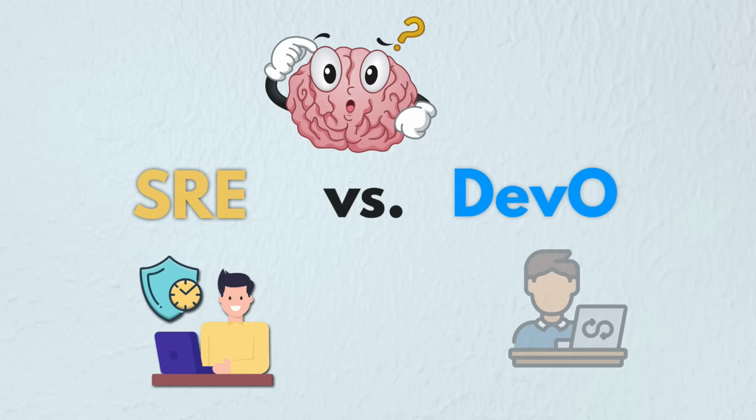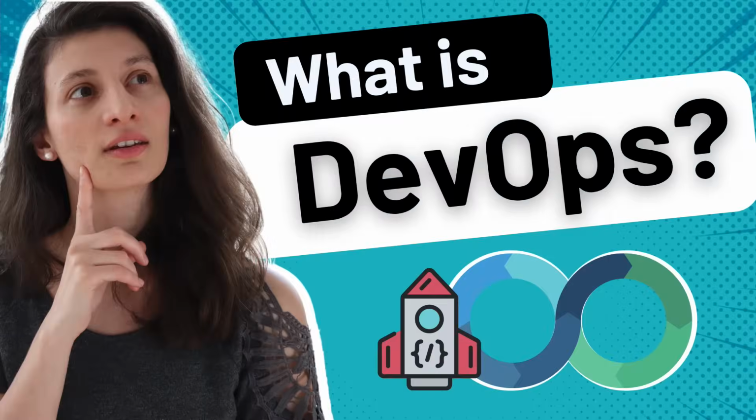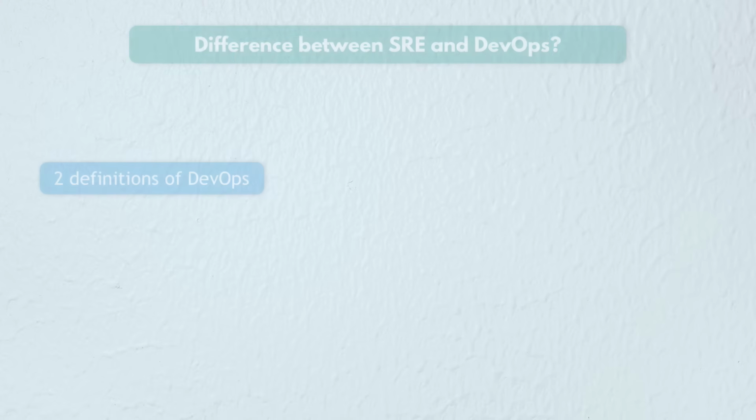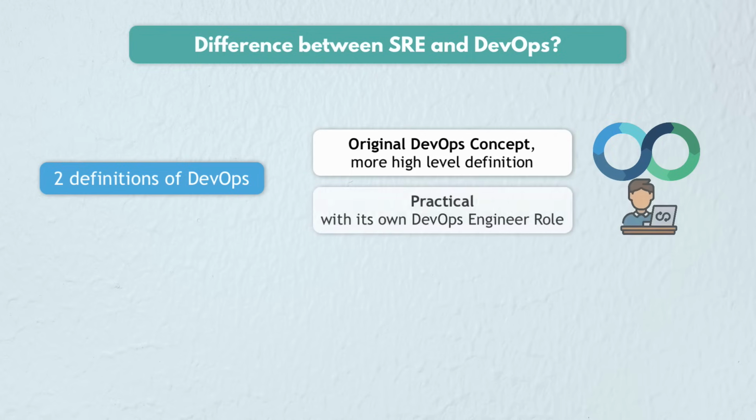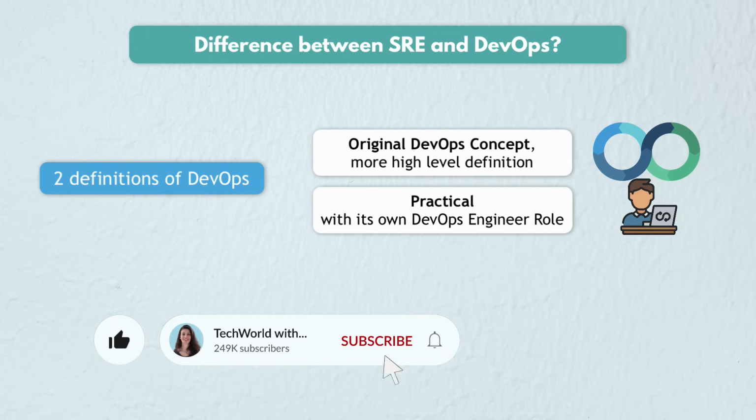And finally, one of the most discussed questions in this area is what is the difference between SRE and DevOps engineer, or generally between these two concepts. If you already watched my What is DevOps video, you know that there are two definitions of DevOps. The original definition, which is more high level and broad, and doesn't specify how exactly DevOps should be implemented, and a more practical one, which evolved over time with its own DevOps engineer role.